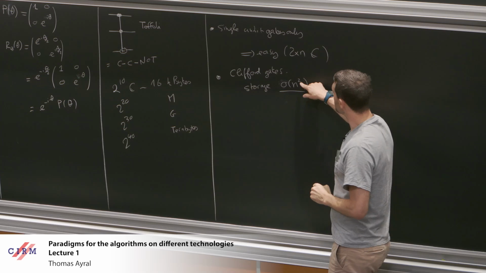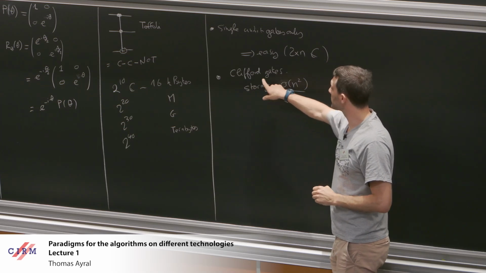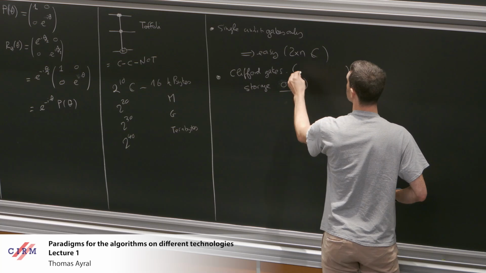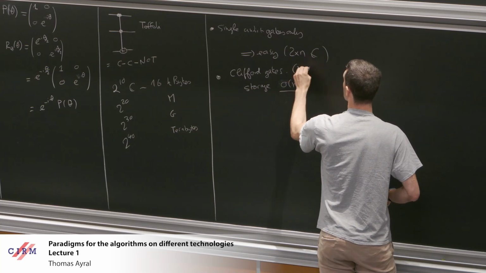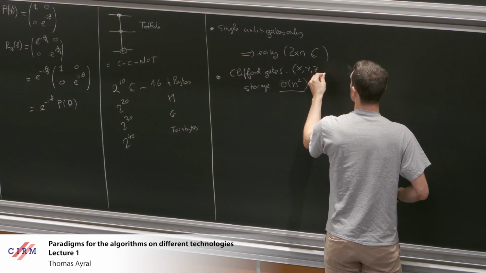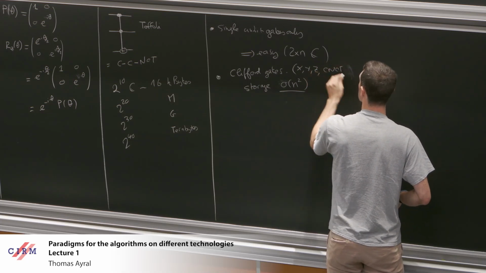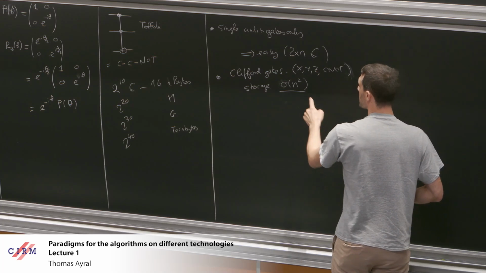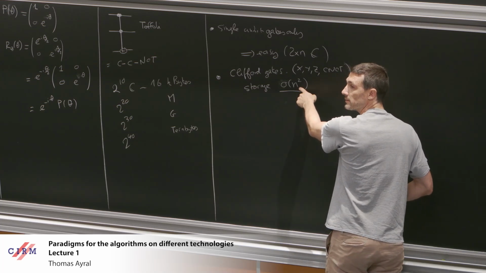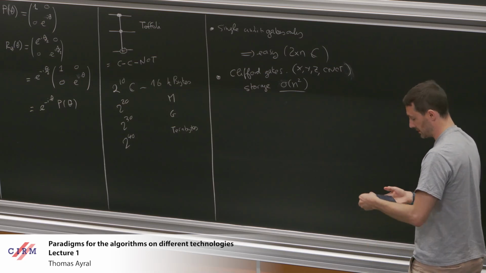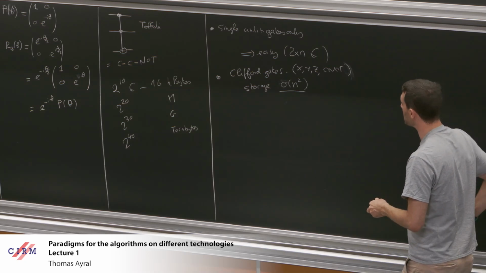So you see, instead of 2 to the n, if you have circuits which have only Clifford gates, and Clifford gates, to give you concrete ideas, are for instance x, y, z, c naught gates, if you have only those gates in your circuit, then there's a clever way to store the state in only n squared numbers. Okay?